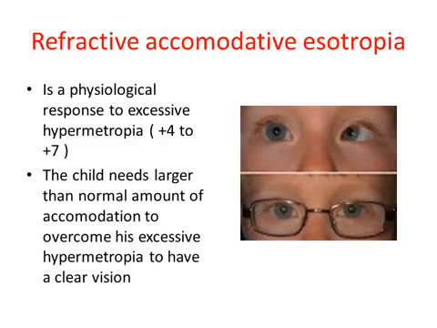The child will need a larger than normal amount of accommodation in order to overcome his excessive hypermetropia to have clear vision. As you can see in the picture, this child has left esotropia due to high hypermetropia. By simple correction of his hypermetropic refractive error using plus lenses, the convergent squint is corrected.